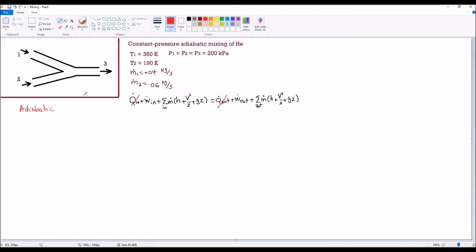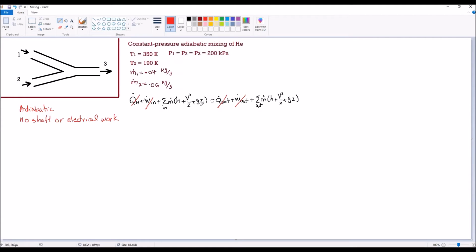Looking at the mixing chamber, we'll see that there is no shaft work, there is no electrical work, so we can easily remove those two terms, W dot in and W dot out.